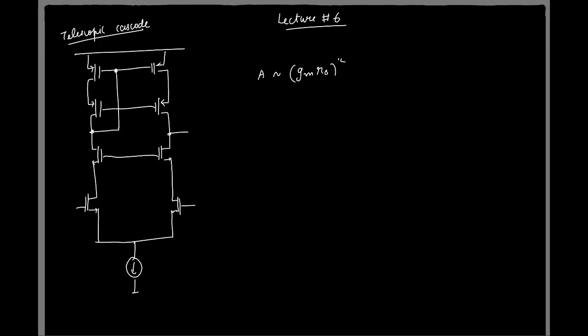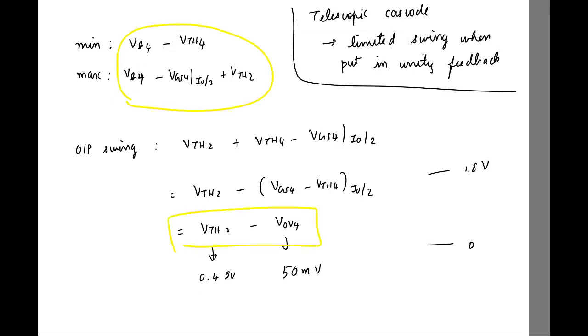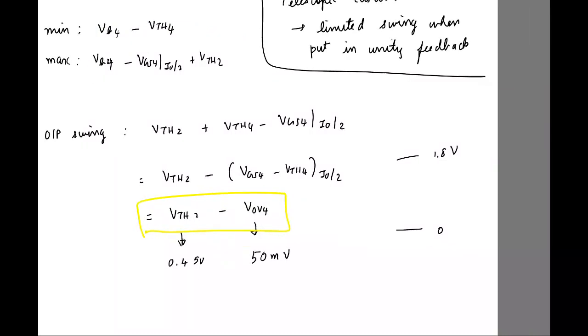Okay, and especially that becomes severe when you try to put it in unity feedback like this, right? And we computed, so let me reuse those results. So we saw that the ranges were this, right? And the swing finally was only limited to this. Okay, so let me rewrite them.